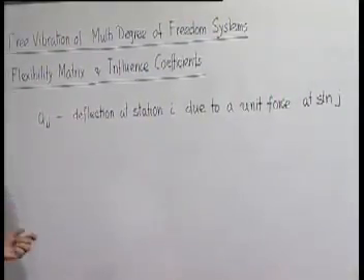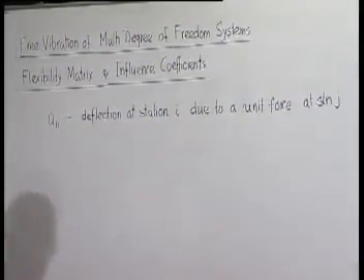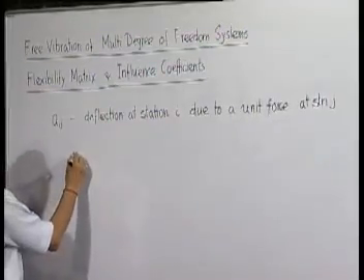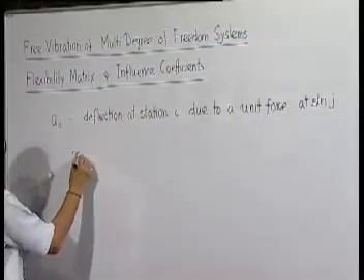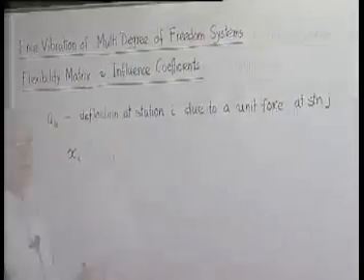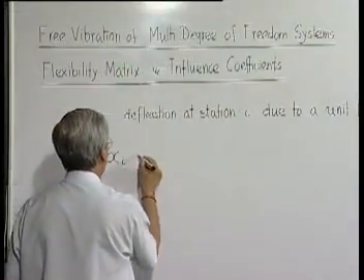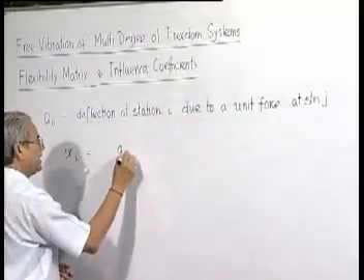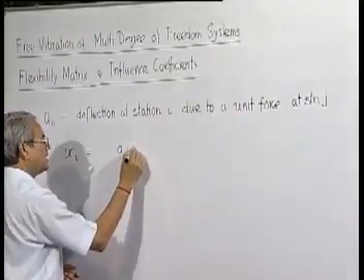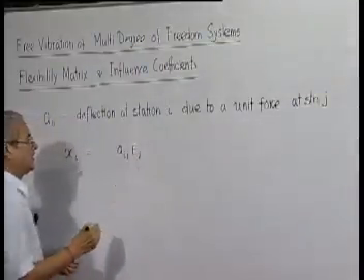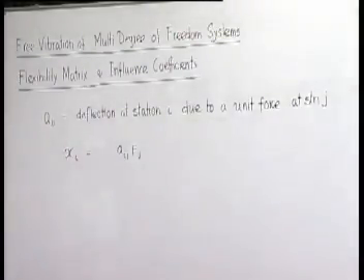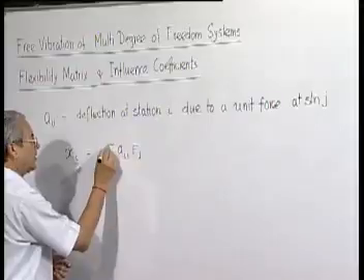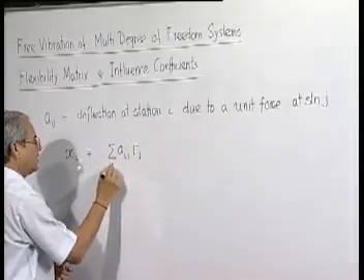So, for an n degree of freedom system, the displacement at any instant at the ith station will be Aij times the force which is acting at the jth station, summed over j equal to 1 to n.